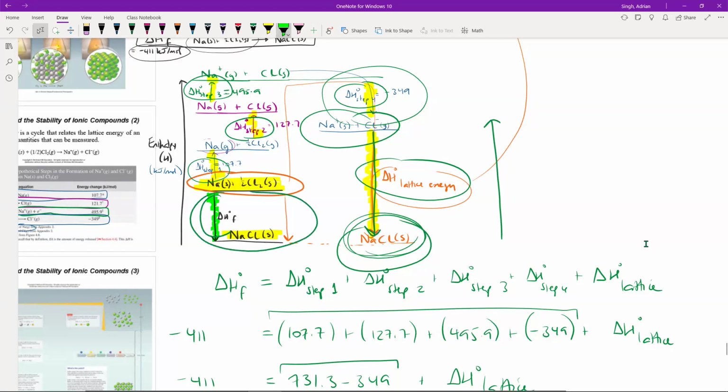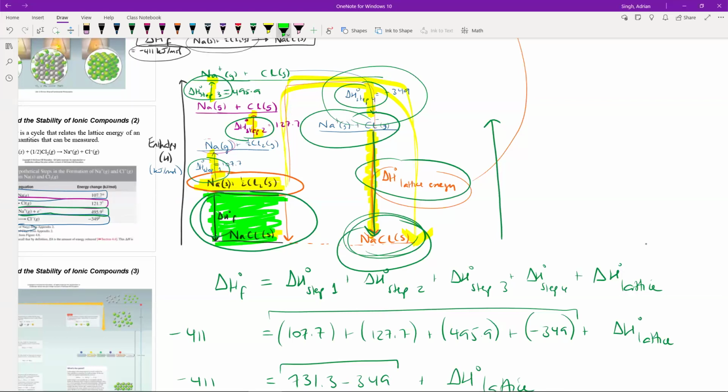Okay, so the delta H of formation, going in one step, is simply equal to the sum of all the other steps. Starting at the same point, we can get to the same endpoint by going in a whole different direction, involving lots of other steps, and we can make those two pathways equivalent to each other, right?